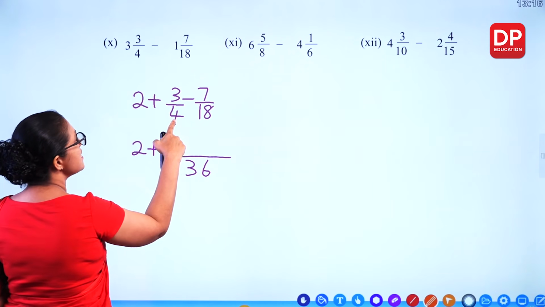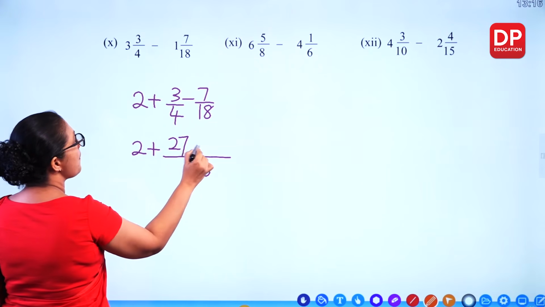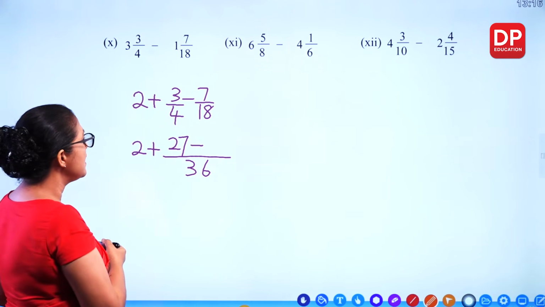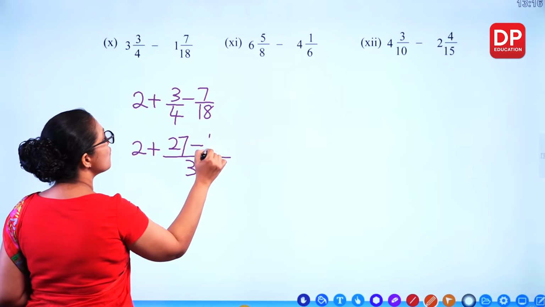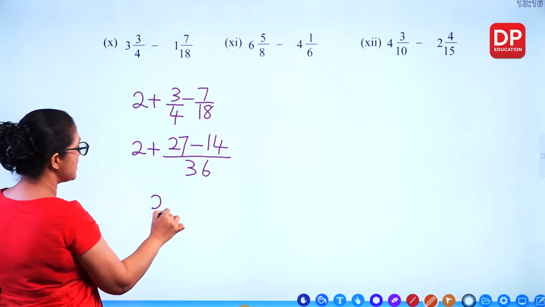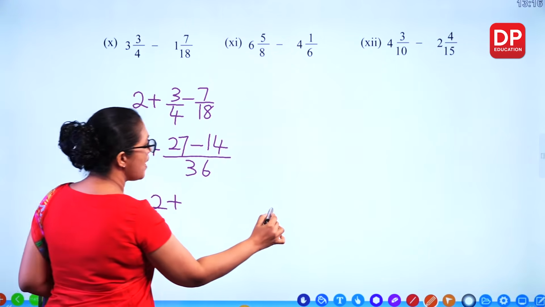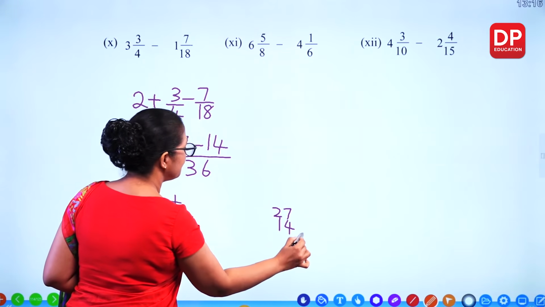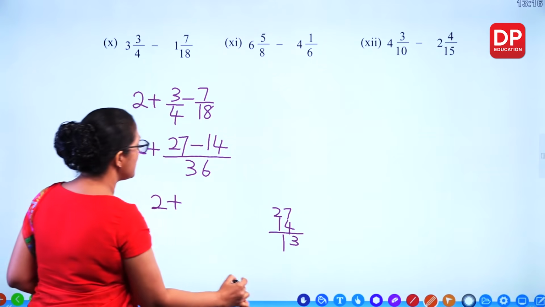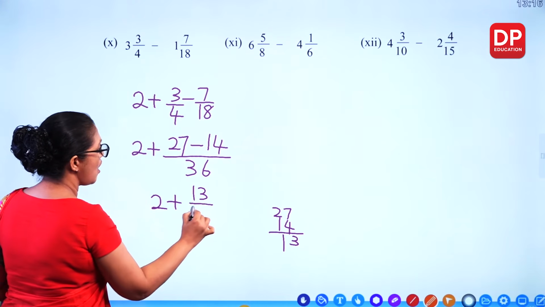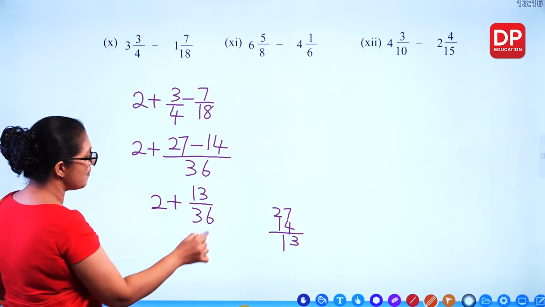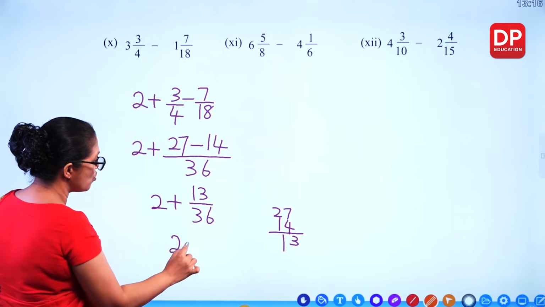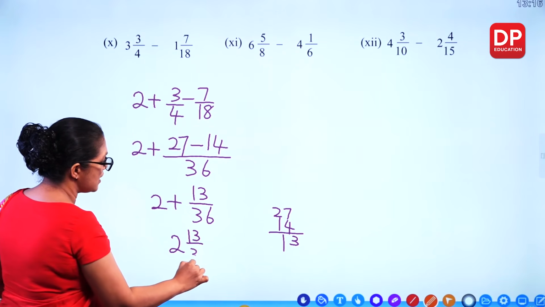That means 9 times 3, 27. 2 times 18, 36. 2 times 7, 14. Now 2 is there. 27 minus 14, you get 13. So 13 out of 36. So you can't simplify. So you can write 2, 13 over 36.